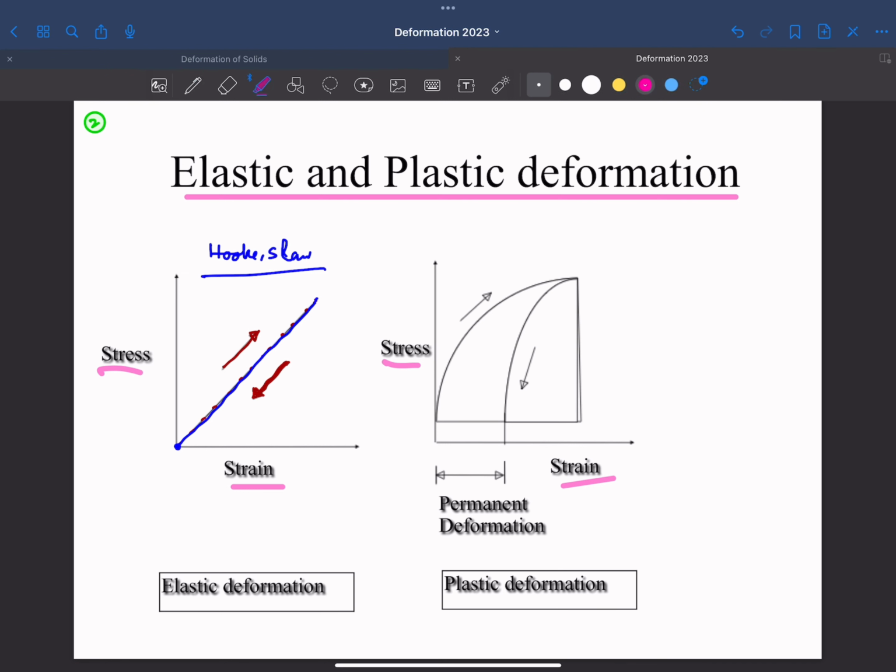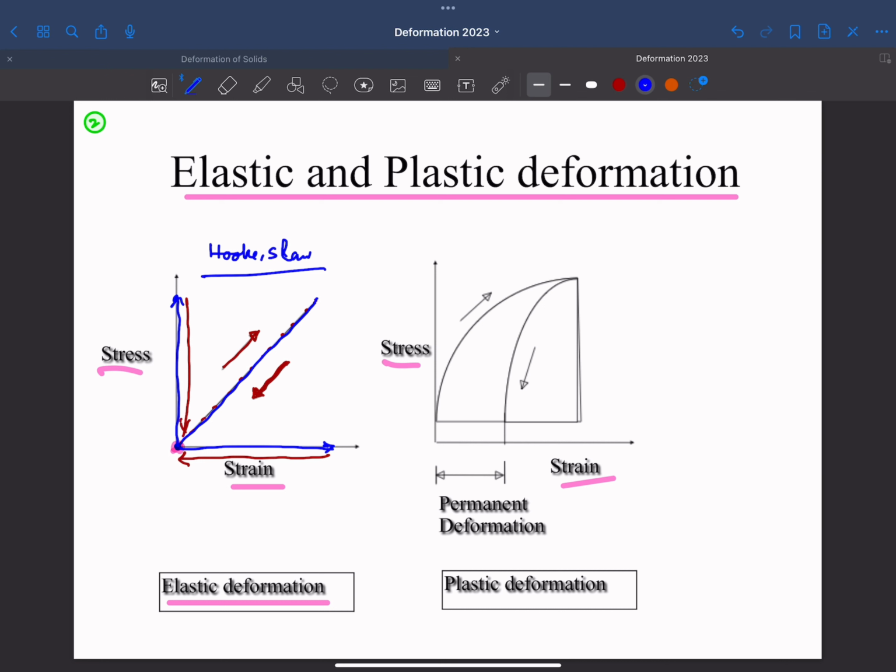So remember this thing: elastic deformation means that there is no final strain. The body is coming back to its original position. When you are increasing the stress, of course the strain is increasing, but when you are removing it, you are coming back to the original state, yani there is no strain in the body as well.